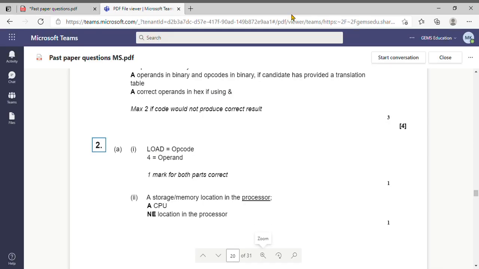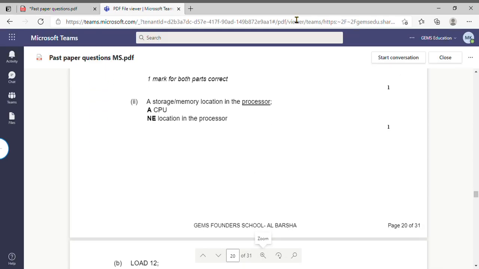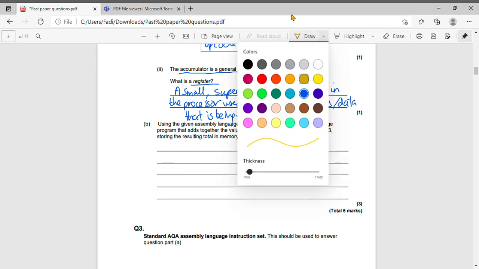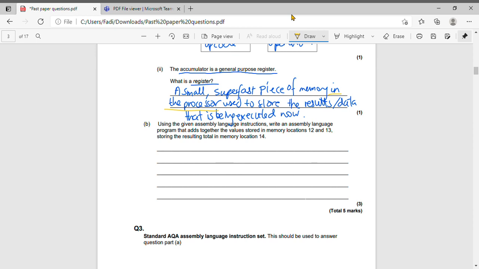So let's see some keywords here. A storage or memory location in the processor. Yeah, I think we got that because we said in the processor and piece of memory. So I guess that counts, yeah. So let's carry on.